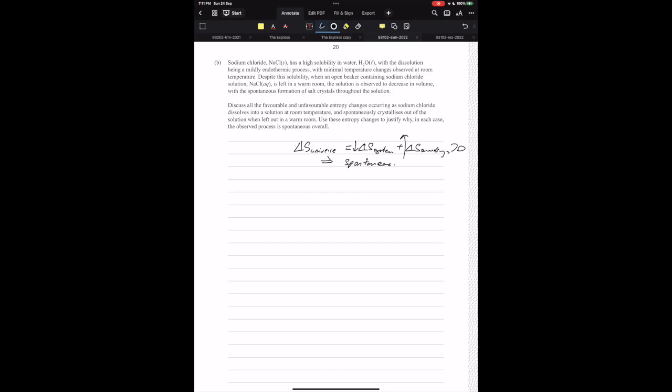So how does that work into this question here? The first part of the question is considering what happens when the sodium chloride dissolves into a solution at room temperature. So NaCl solid dissolves to form Na plus aqueous plus Cl minus aqueous. So what's happened here? We know that the delta S of the system has increased because it was a very ordered lattice before.